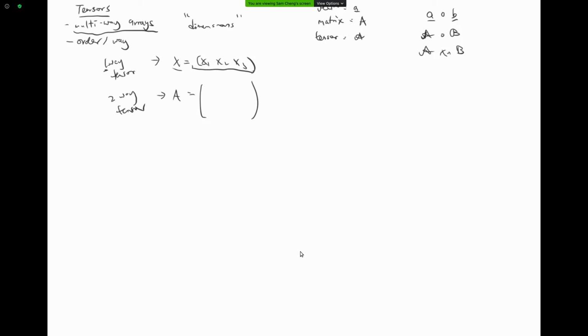Sometimes people will call this order as well, like a first-order tensor or second-order tensor. A matrix has two ways, so the dimension can go this way and this way. I hate the word dimension in this sense.